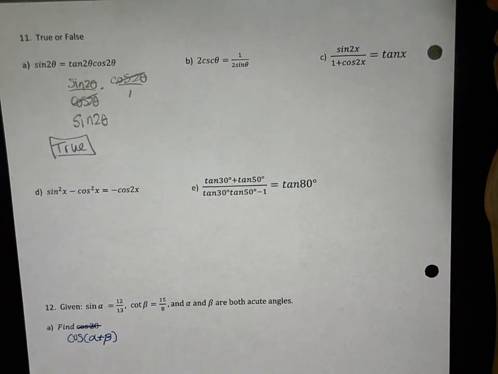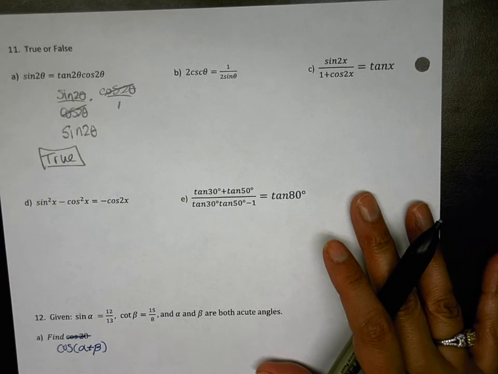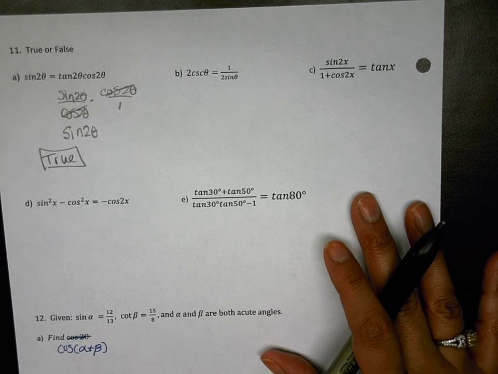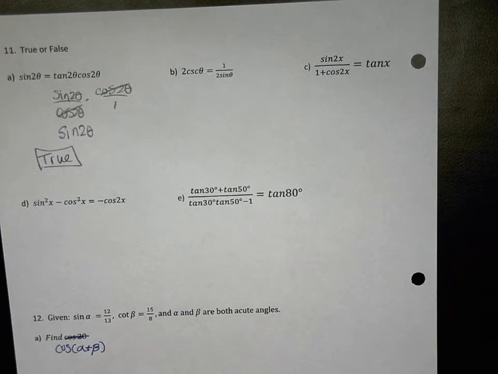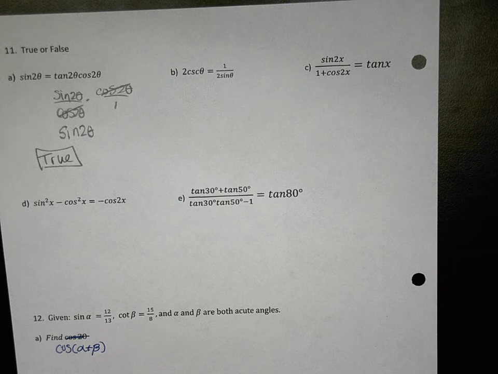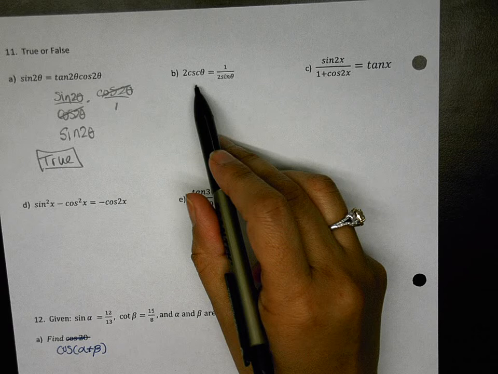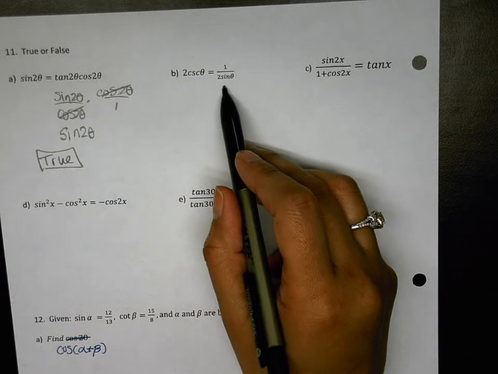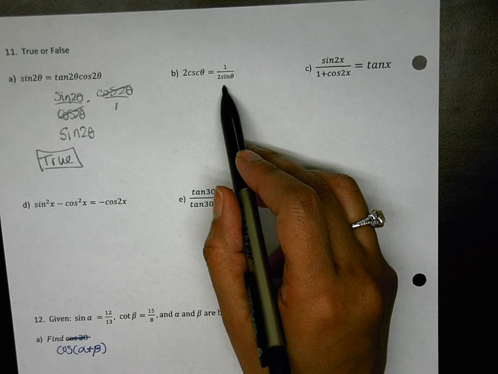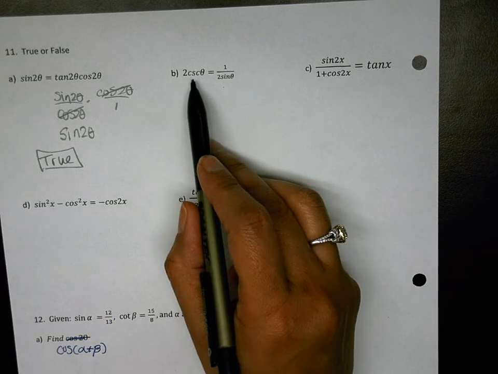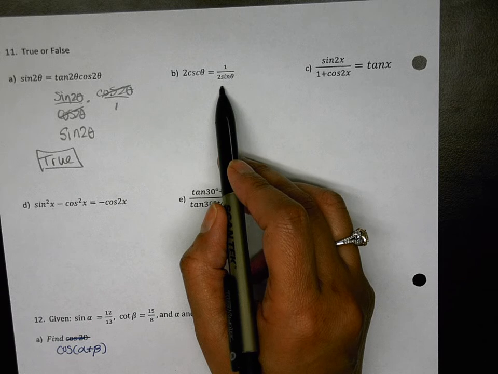All right, next one. Tricky. Ignore the 2's completely. Act like the 2's are not there. Would you guys all agree that cosecant squared does equal 1 over sine? Yes? Okay, so ignoring the 2's, cosecant squared does equal 1 over sine.